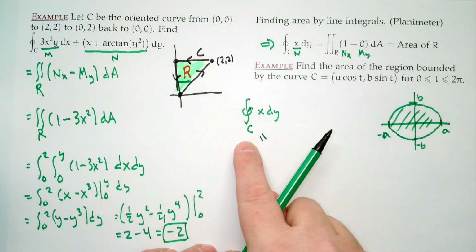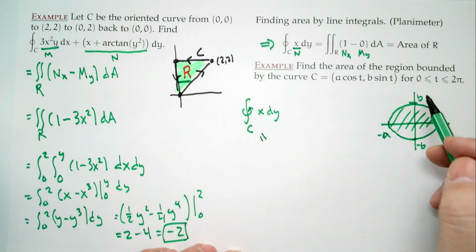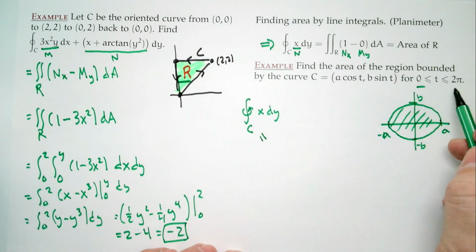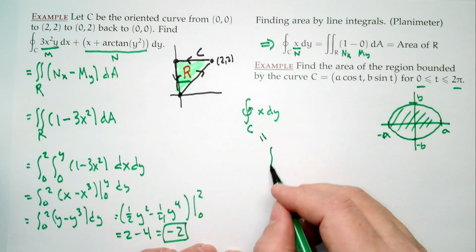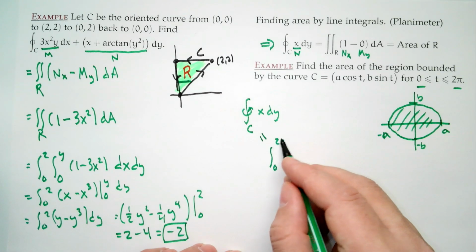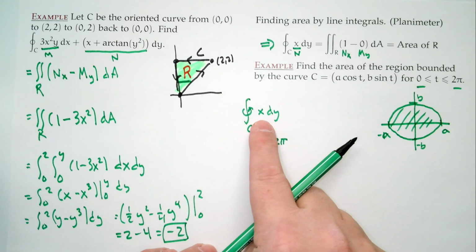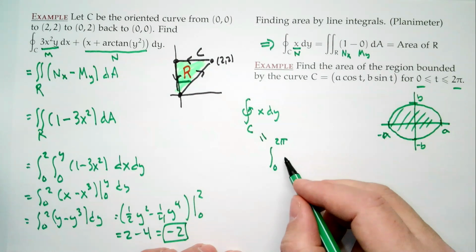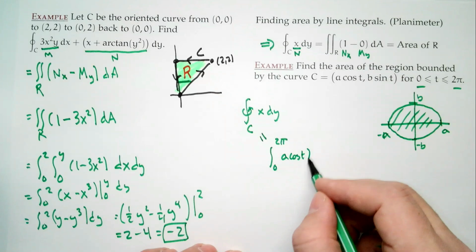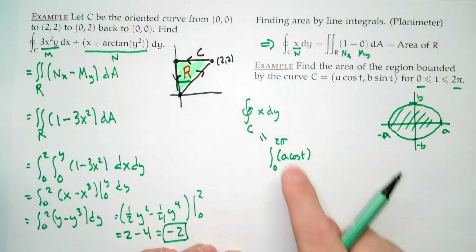So if I want to integrate along our curve, we're going to use our time parameterizations, 0 up to 2 pi. What does x become? A cosine t. What is going to be dy?